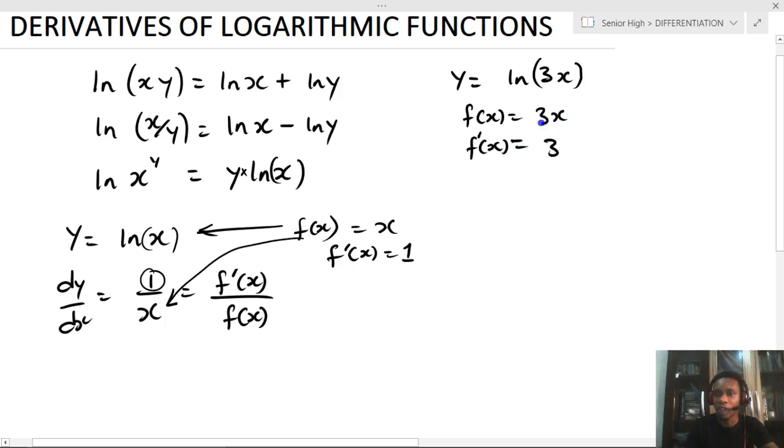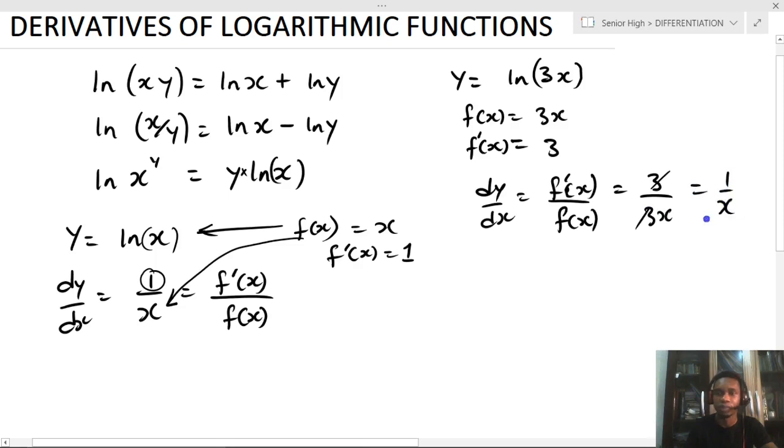Because when you differentiate 3x, we get 3. Therefore, our dy/dx is equal to f prime of x divided by f of x, which is 3 over 3x. We can cancel out 3 here, and what do we have? 1 over x.